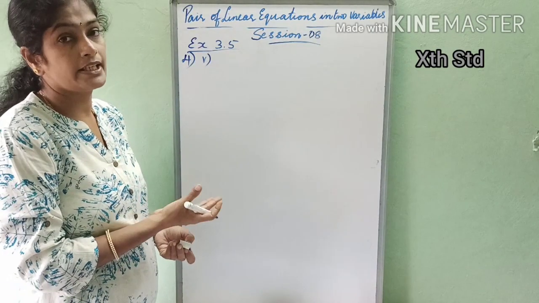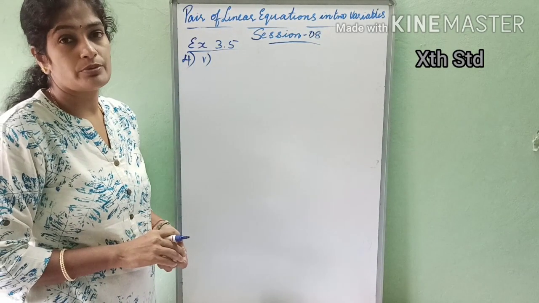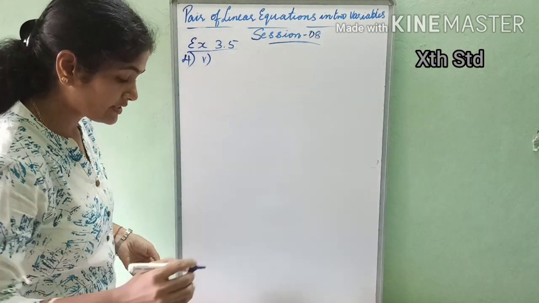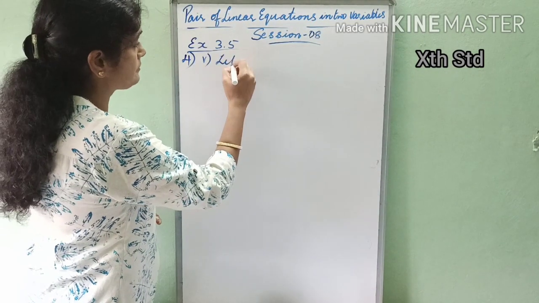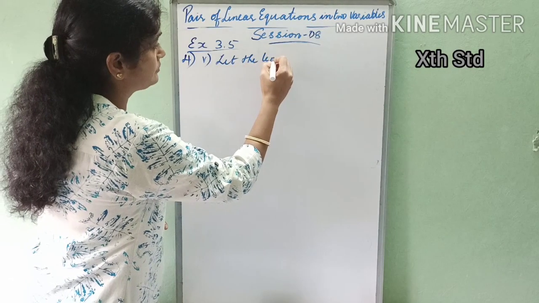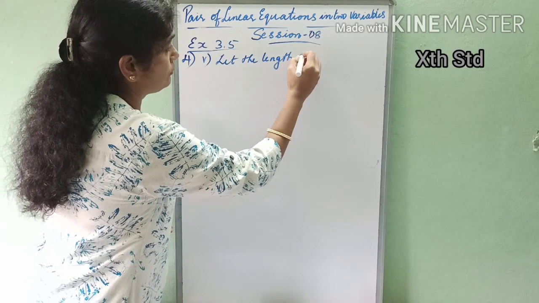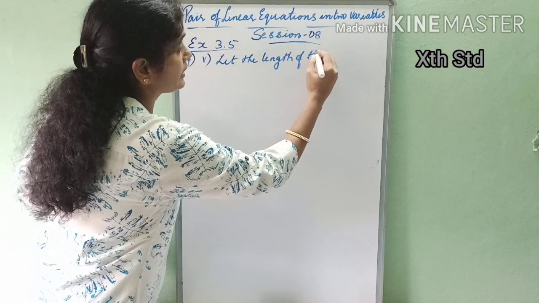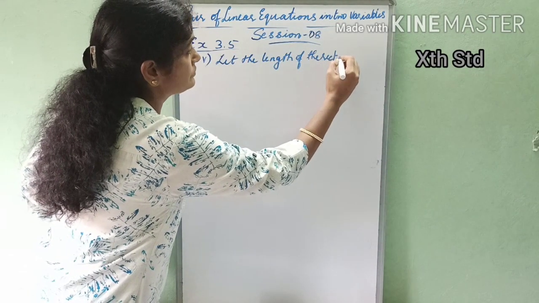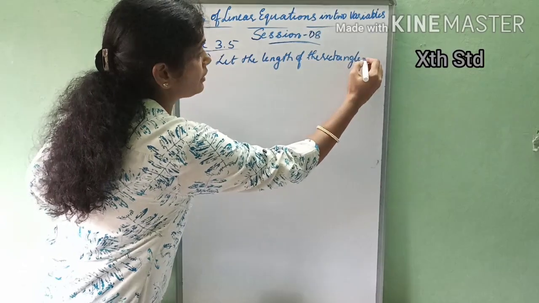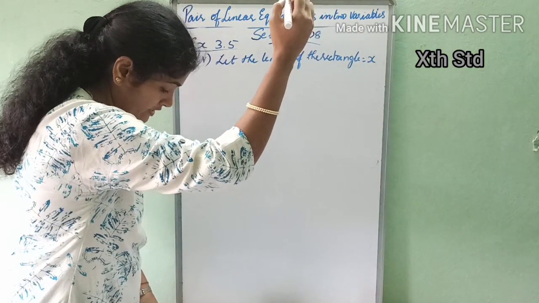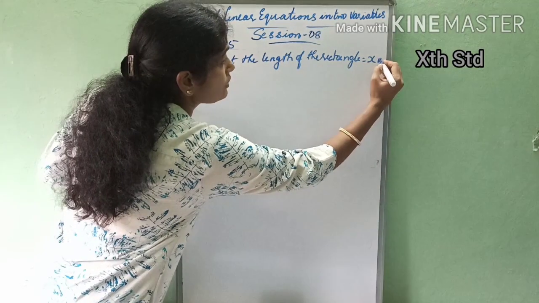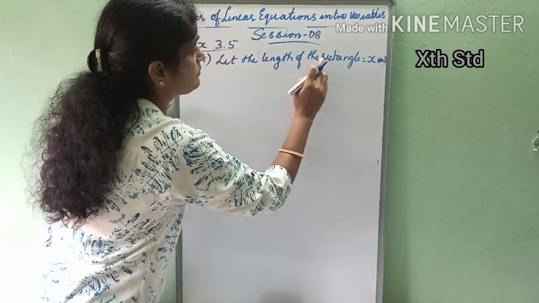The dimensions of the rectangle are length and breadth. So let's take length to be x and breadth to be y, and we'll apply the conditions. Write down: let the length of the rectangle be equal to x units. They have not said whether meters or anything, so we will just put x units.